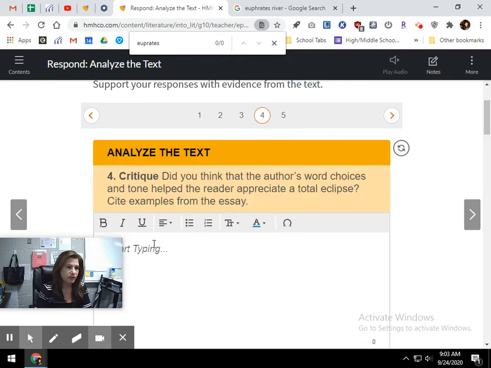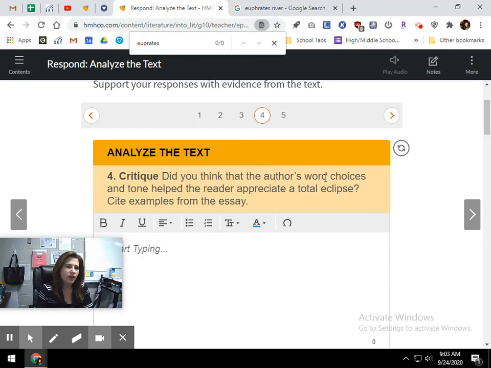That one did not ask for text evidence. Did you think that the author's word choices and tone help the reader appreciate a total eclipse, and cite examples from the essay? So the way that she wrote in this descriptive, almost magical way, with lots of figurative language, the way she described it as being sort of otherworldly, she felt like she was literally transported into another place and time.